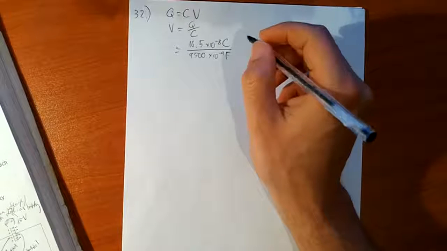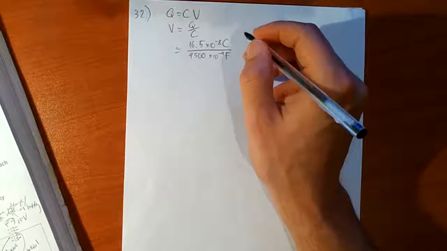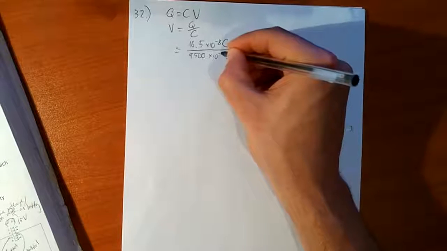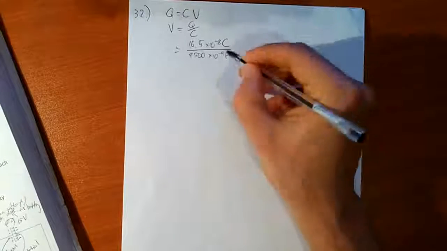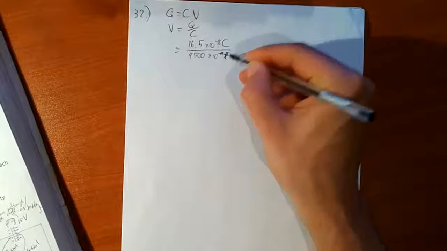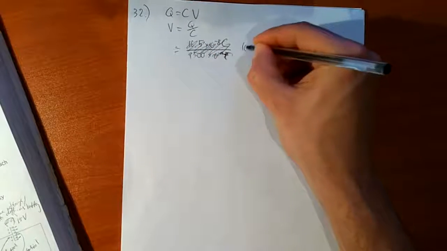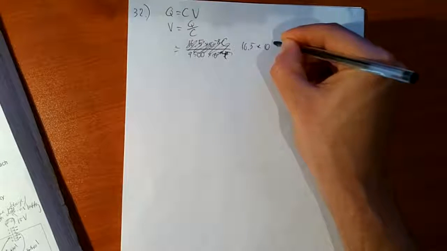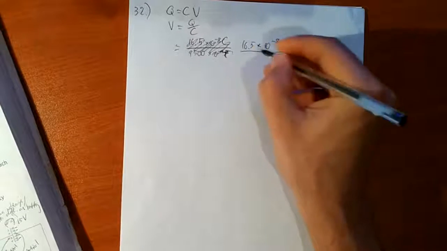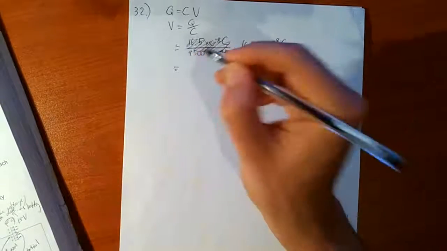No, that would be nano. No, pico would be minus 12, isn't it? Yeah, minus 12. Okay, that's a mess, I don't have space. Let's do it neatly over. 9500 times 10 to the minus 12 farad.